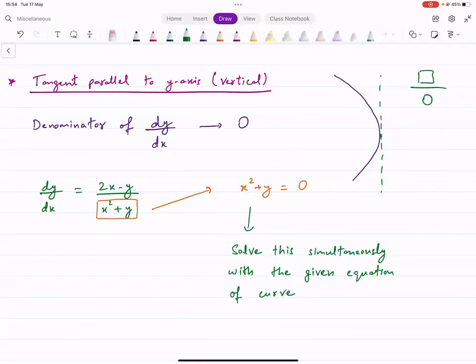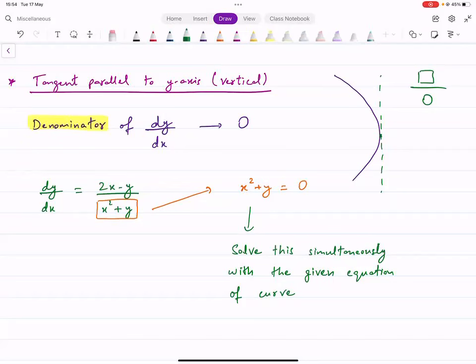So whenever you have tangent parallel to y-axis, आप क्या करते हो? You find the derivative, you find dy with dx, और फिर उस dy with dx का जो denominator होता है, उस denominator को 0 से equate करते हो. dy with dx को 0 से equate नहीं करते, denominator को 0 से equate करते हो.